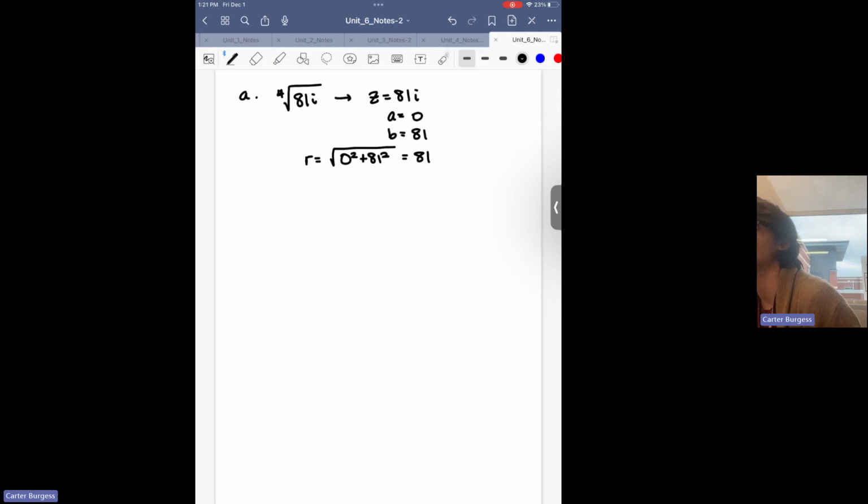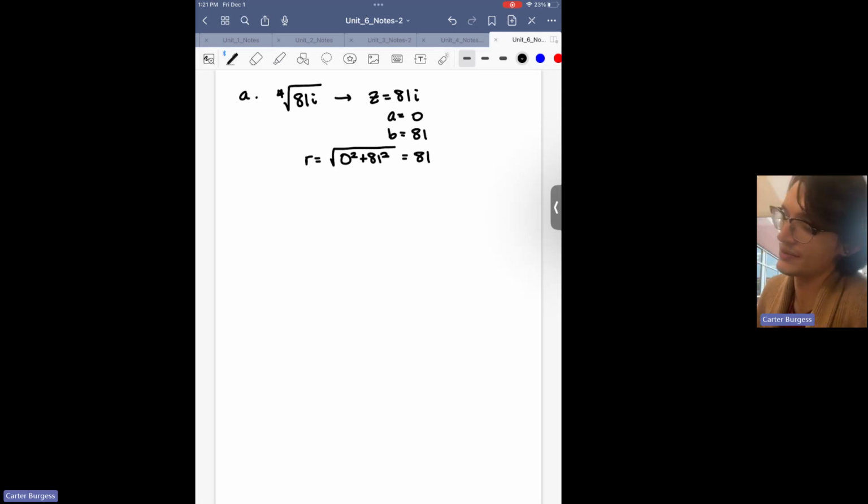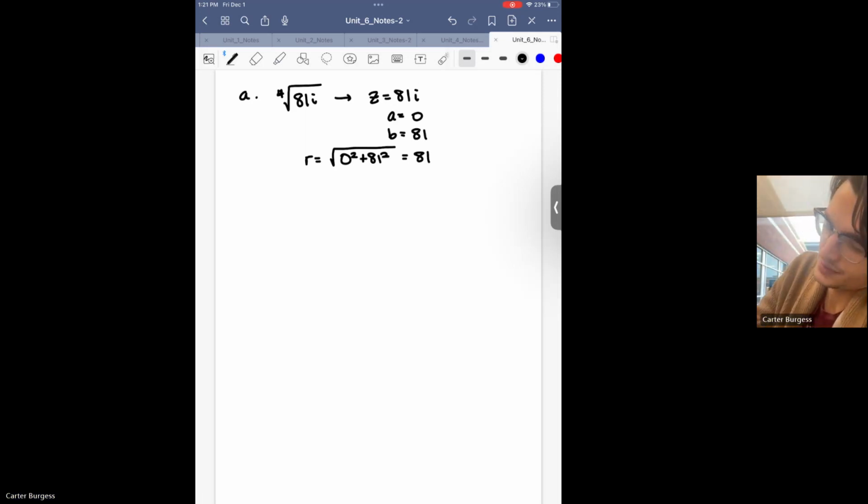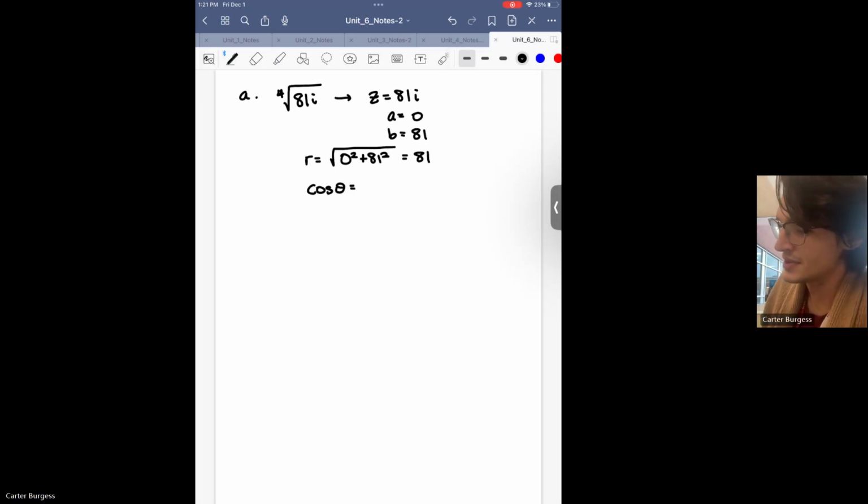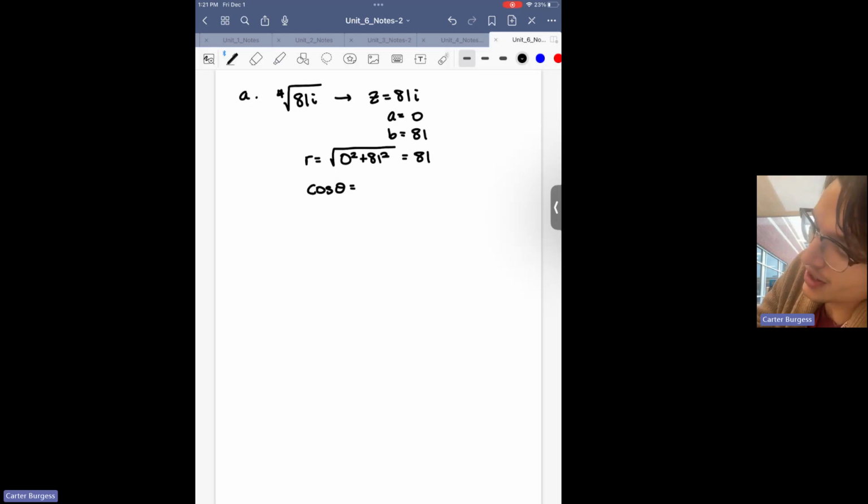The only other thing that we need is our theta. What are the 2 equations that I can set up in order to figure out what theta is going to be? Cosine of theta is equal to 0 over 81, which is 0.